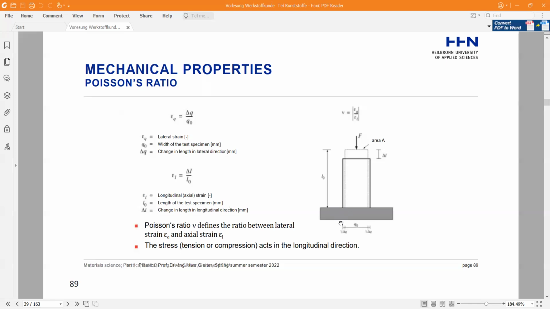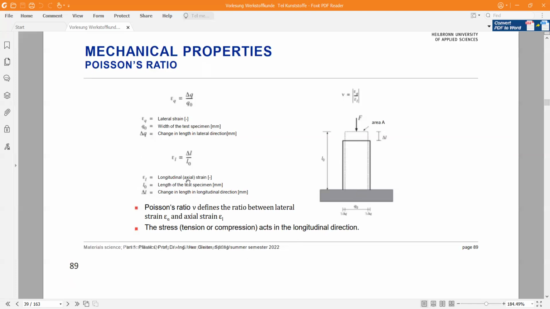So the Poisson ratio, simply defining it, is when we apply force on a sample vertically, pressing it to the base, the area where the force is applied gets larger, but the length or height decreases.